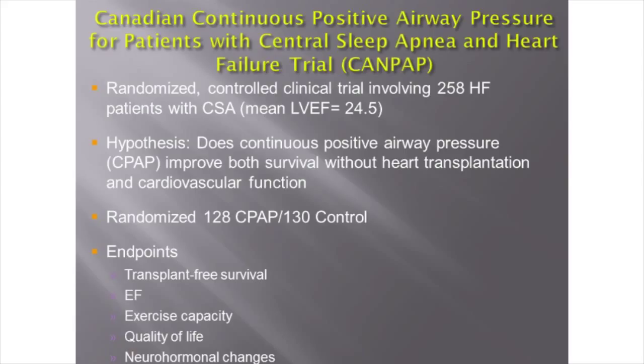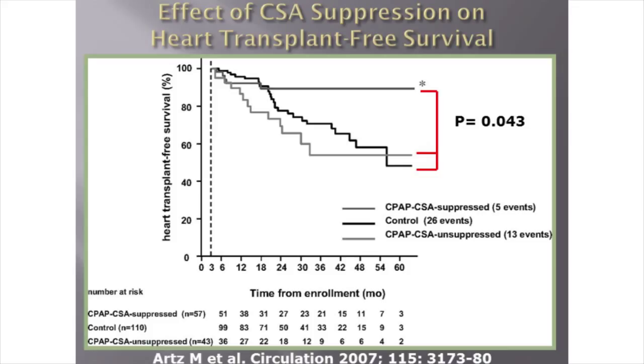It turned out that, unfortunately, by the end of the study, only 39% of the patients were compliant with the CPAP, and the average duration of therapy was 3.6 hours. And when the authors did a post-hoc analysis dividing patients between those that had an effective inhibition of sleep apnea and those that did not, those in which CPAP had adequately suppressed sleep apnea had indeed improved survival as well.